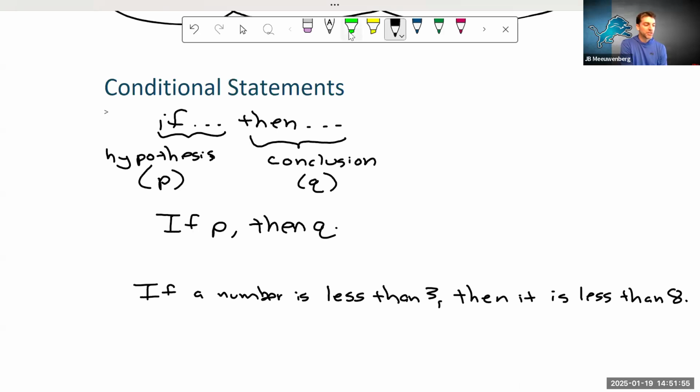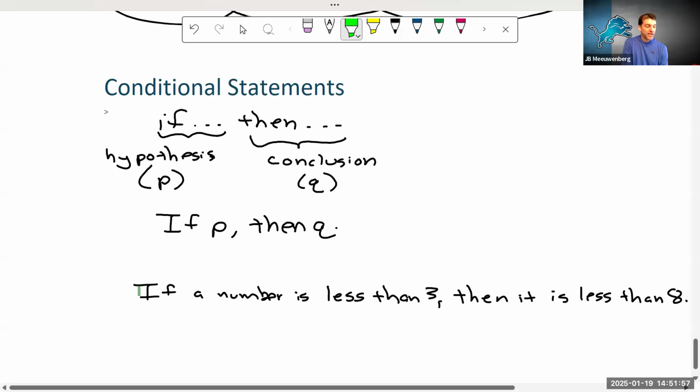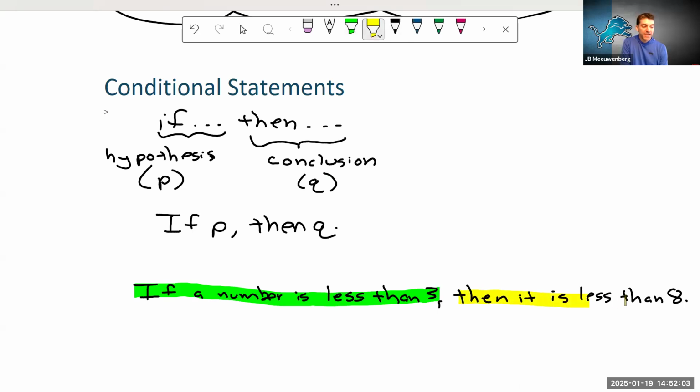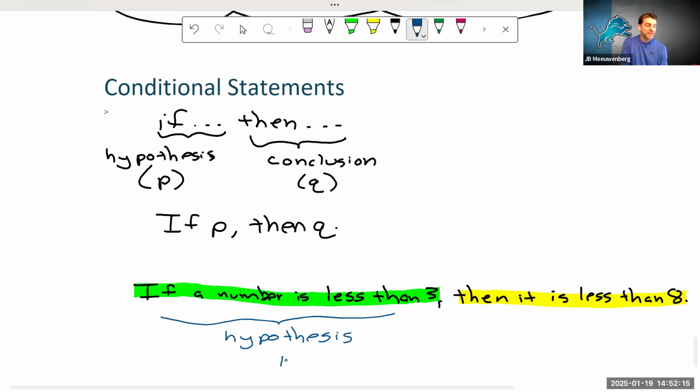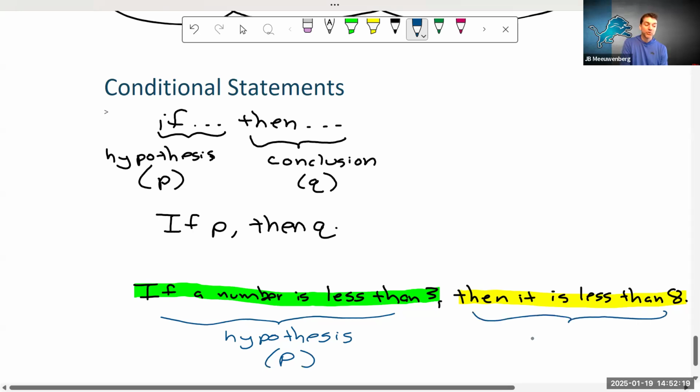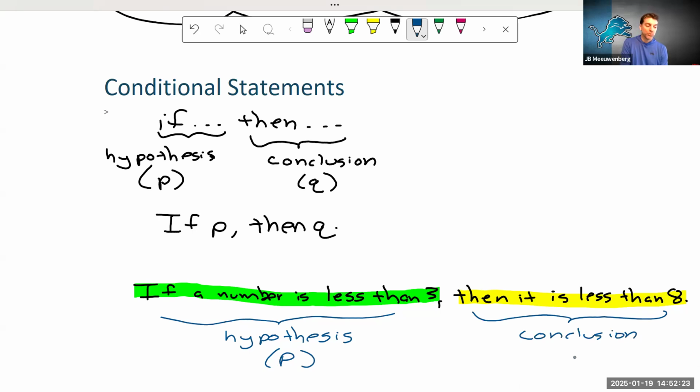So you'll notice two parts of this. The if part, if a number is less than 3, and the then part, then it is less than 8. So this is the hypothesis. That's the P. And this is the conclusion. That's the Q.